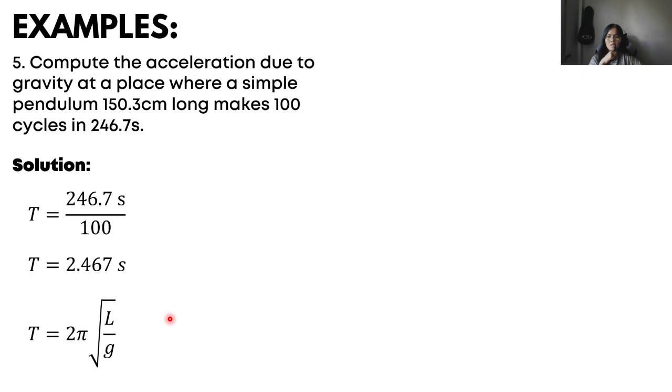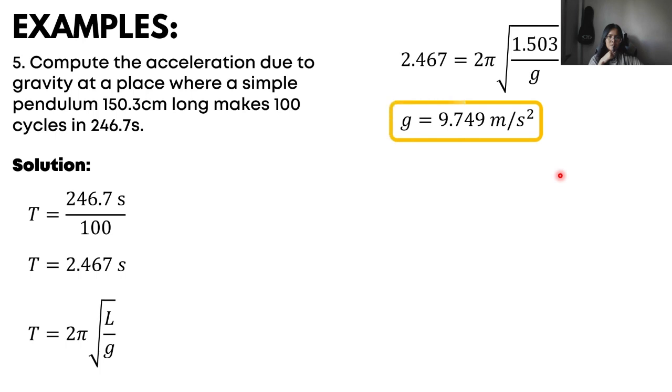And then, meron tayong formula na T is equal to 2 pi square root of L over g. So, substitute mo yung nakuhang period. And then, meron tayong given na length, 150.3 centimeters long. And then, gravity. So, makukuha natin ay 9.749 meter per second square.